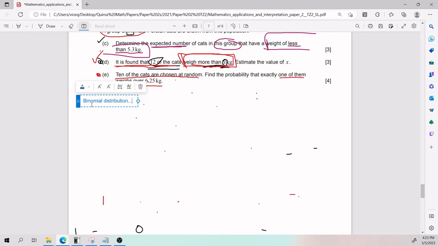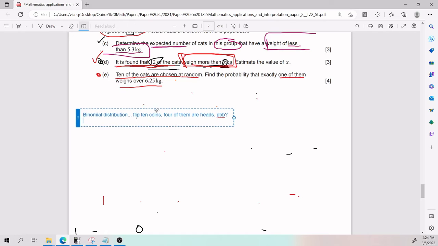And so a binomial distribution is usually like, I don't know, flip 10 coins, 4 of them are heads. Probability, and you work from there. See? And so in this case, it's no different, just that your quote-unquote heads or quote-unquote tails has to do with how much the cat weighs. See?